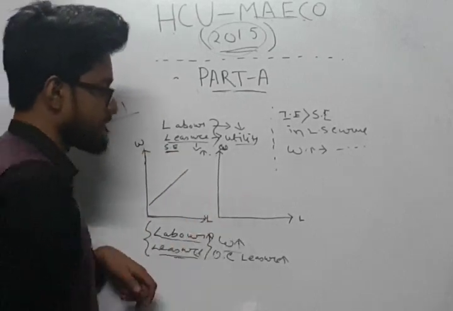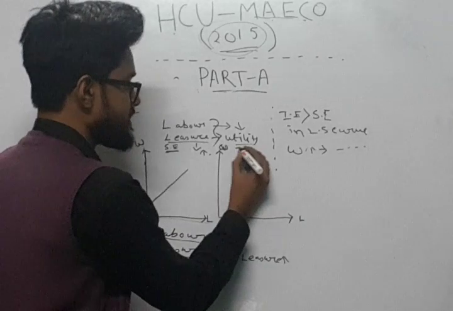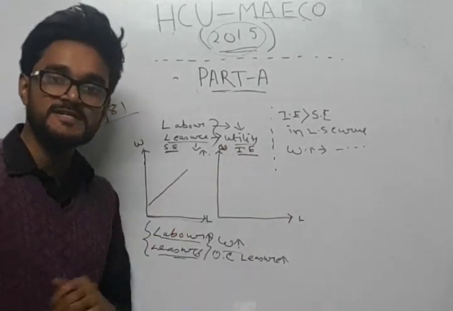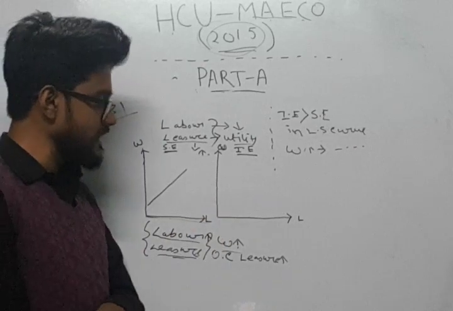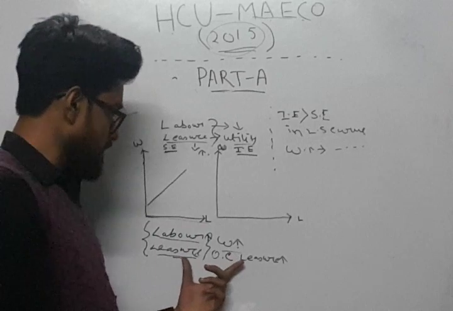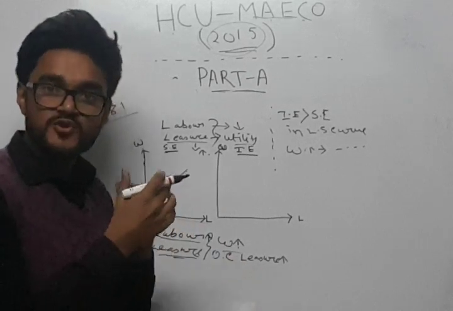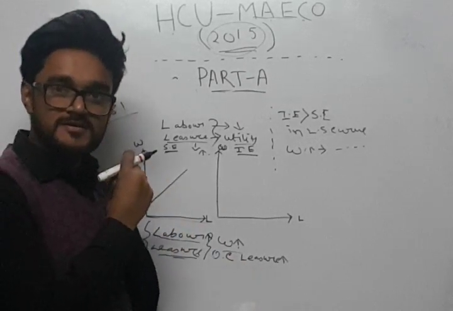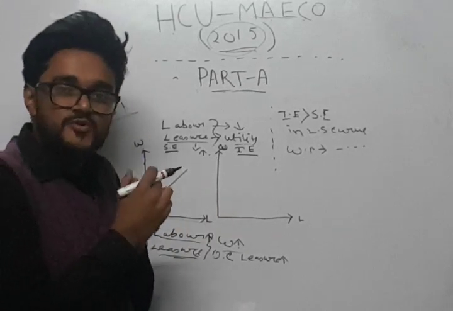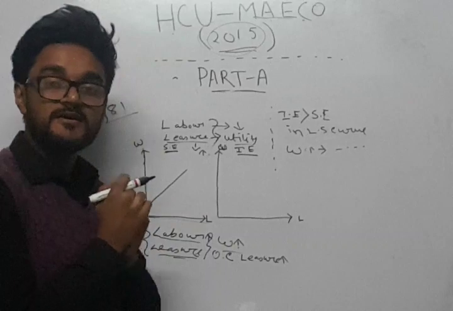Now there is another effect which is called income effect. What is income effect? Income effect is when wage increases, total income increases. As total income increases, he is unlikely to prefer labor over leisure.